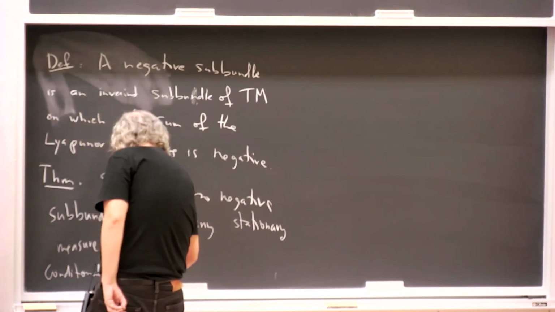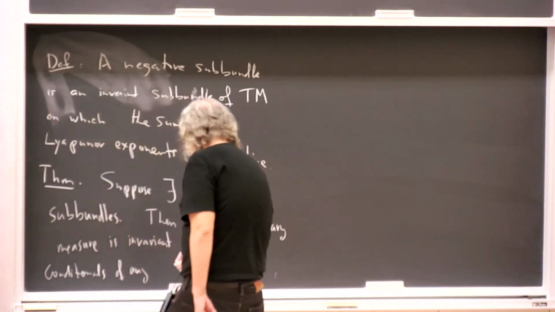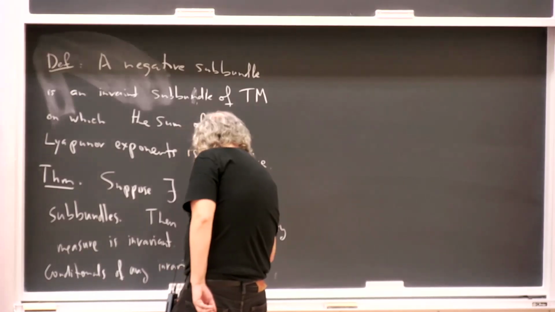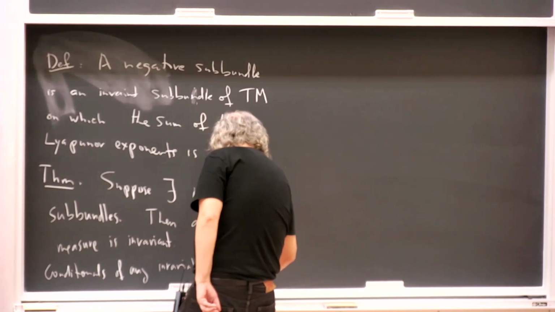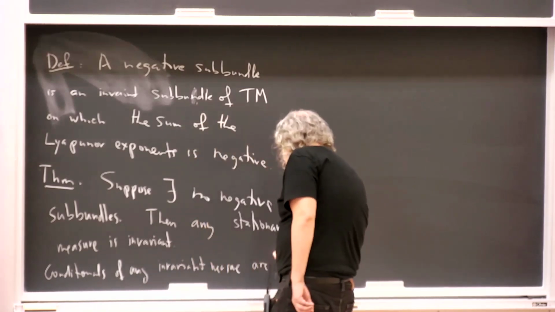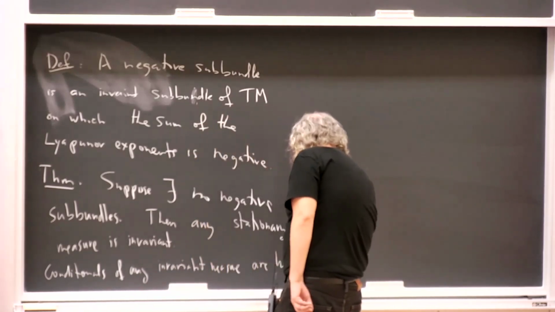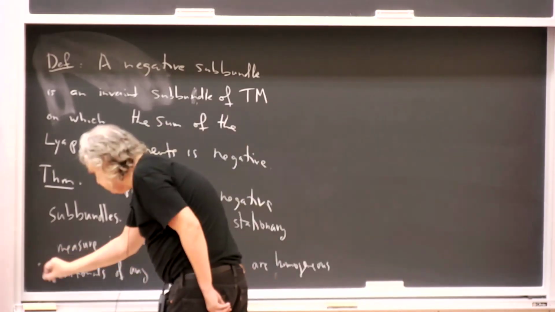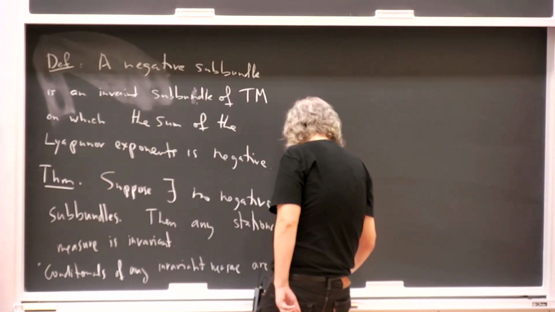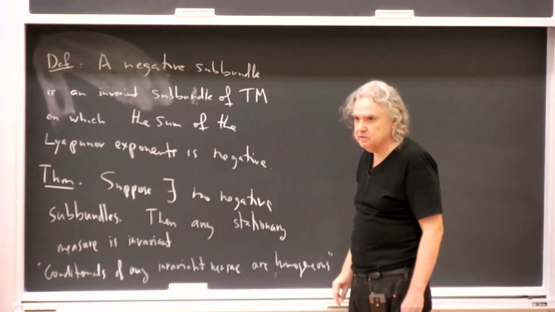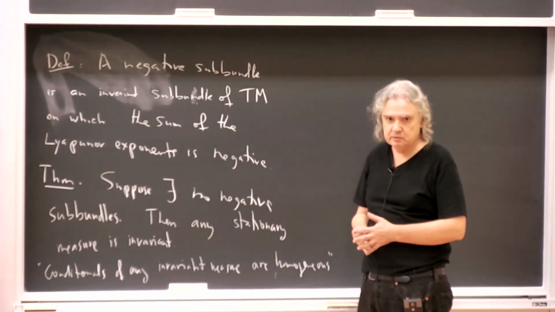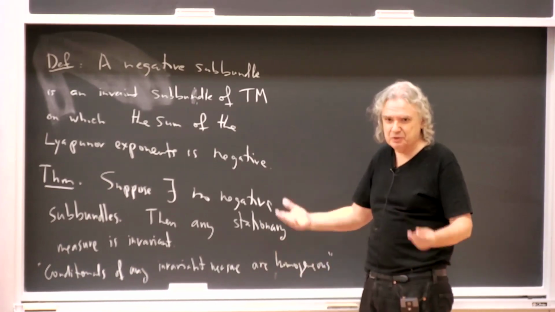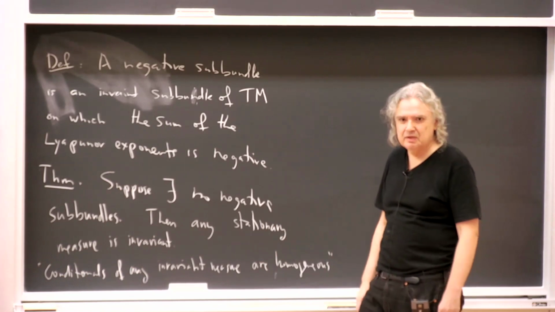Conditionals of any invariant measure are homogeneous. This is some sort of progress towards the measure classification problem. It gives you a lot of control over the measure. There is a lot of information buried in here, but I don't have time to unpack it because it's a very short talk.